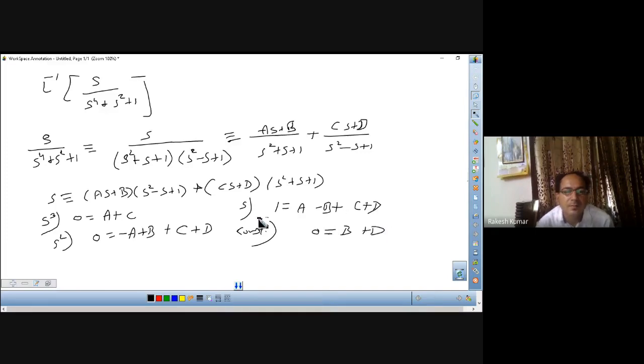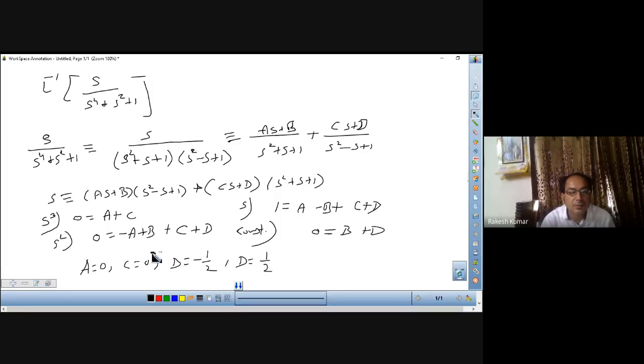Now, after solving these equations, you need to find out the values of the constants. After simple manipulations, we will see that a comes out to be 0, c comes out to be 0, and b comes out to be minus 1 by 2, and d comes out to be 1 by 2.